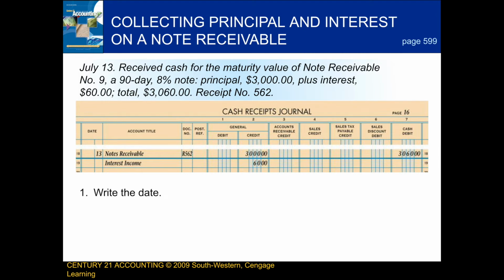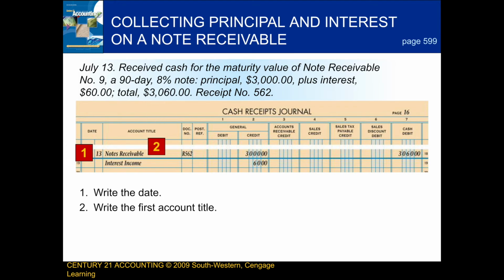First, we write the date, which is July 13th, in the date column. Next, we write the first account title, which is notes receivable, in the account title column.